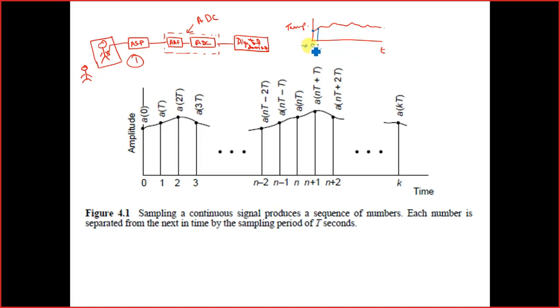So the delta t over here is 1. Similarly, we will measure the next amplitude after a delta t of 1, and it goes on till you want to stop the process.